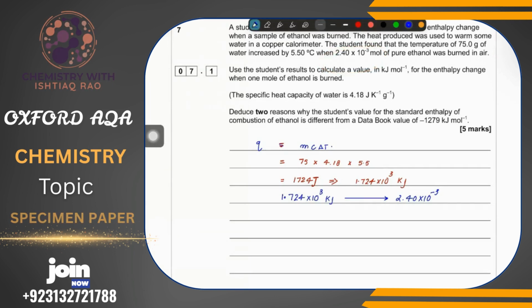So what would the energy be if I have 1 mole? Q over M, right? I think it's the formula. Yeah, the same thing. So I just have to divide them by each other.